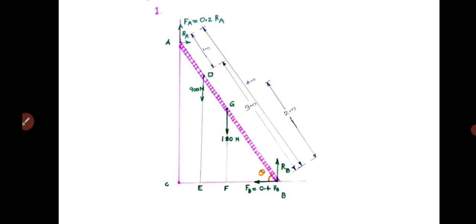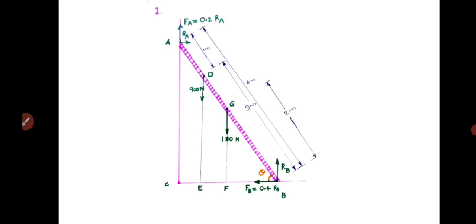If you draw a perpendicular line from G to the floor BC, it will meet BC at a point F. And this triangle GFB becomes a right angle triangle, right angled at F. So for this triangle, cos theta will be BF divided by hypotenuse.